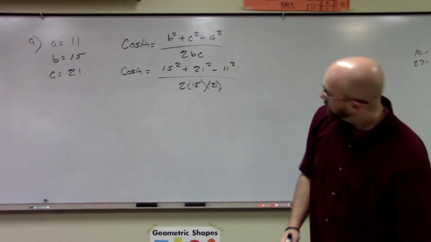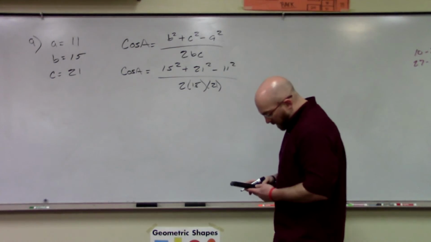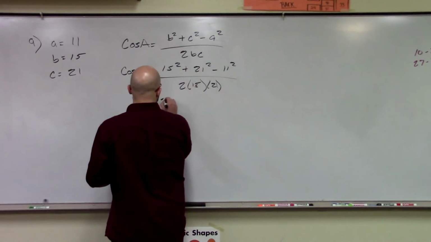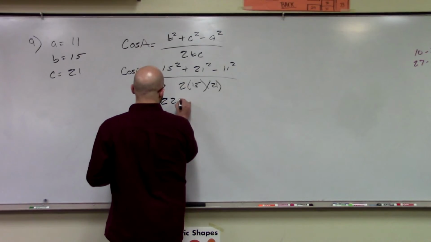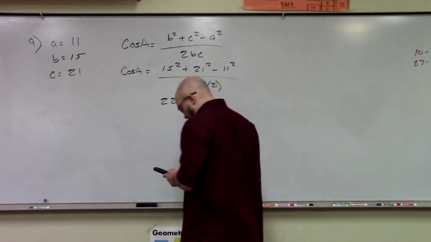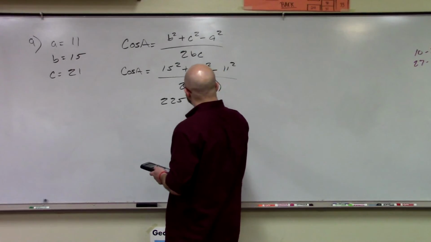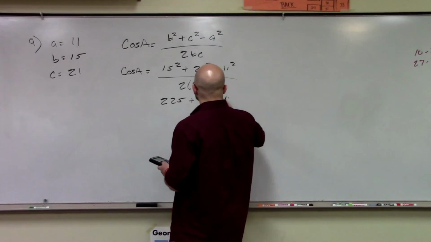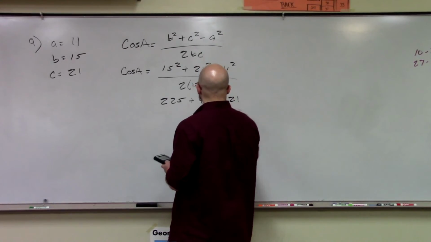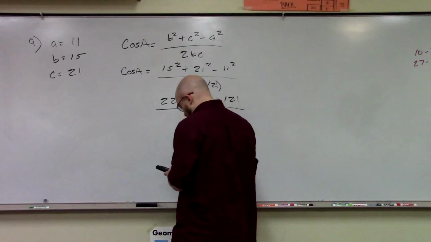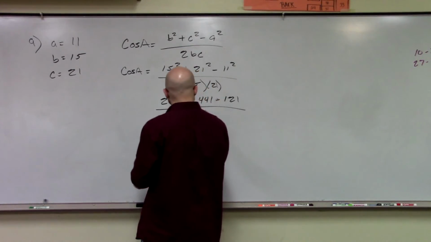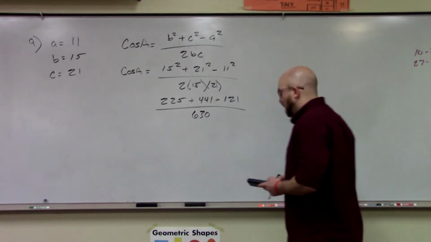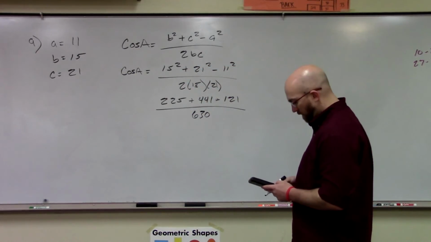So if you're not, some people are very bad at plugging stuff into the calculator, so take your time. 225 plus 441 minus 121 all over 630, okay? Go ahead and add all that stuff together.